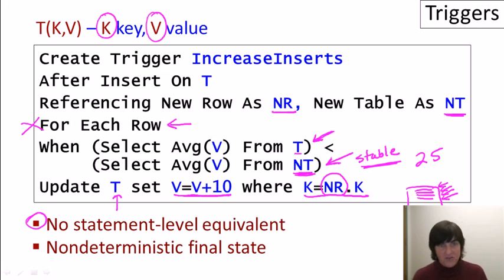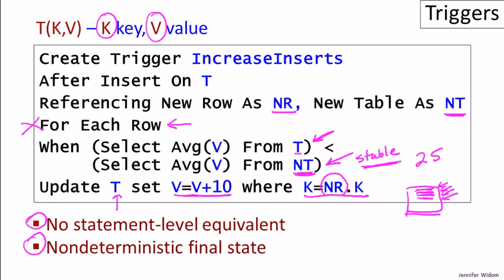The second thing that this trigger shows is the potential to have a non-deterministic final state, because we're going to, again, increase the value of the inserted tuples until the average exceeds a certain threshold, and then we'll stop increasing those values. So the subset of tuples whose values are increased is determined by the order in which the trigger processes the set of inserted tuples.